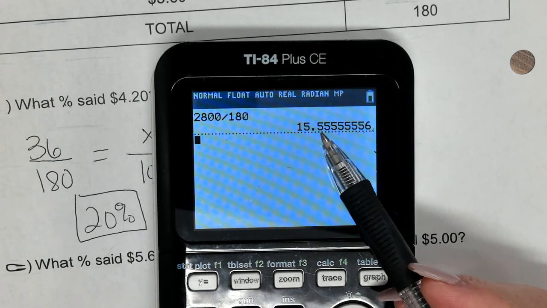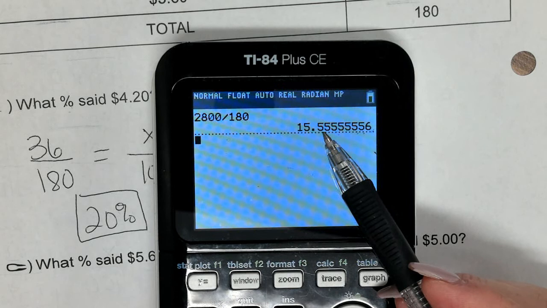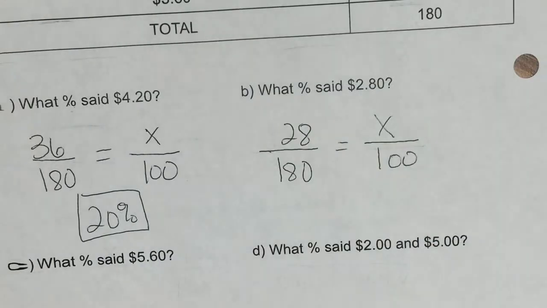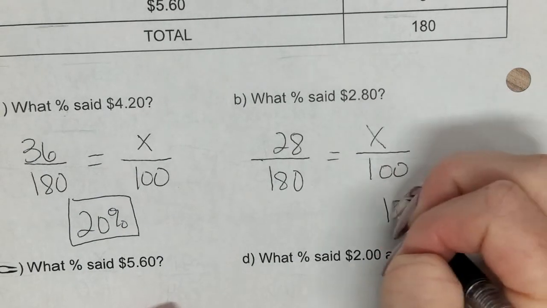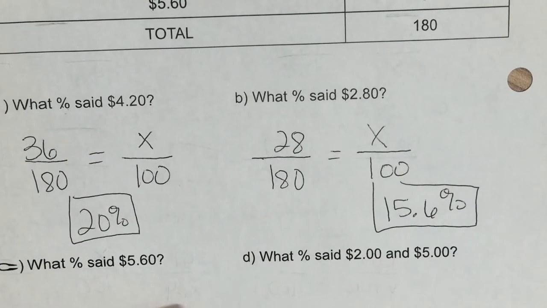You could have rounded to the tenths place, and it would be 15 point. If you rounded to the hundredths place, 15.56. I rounded to the tenths, so I did 15.6%. What'd you round to? The whole? That's fine. It didn't specify.